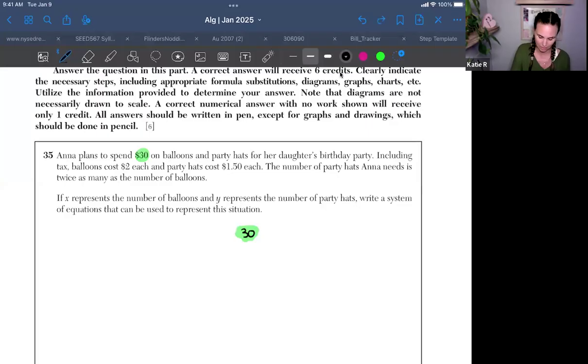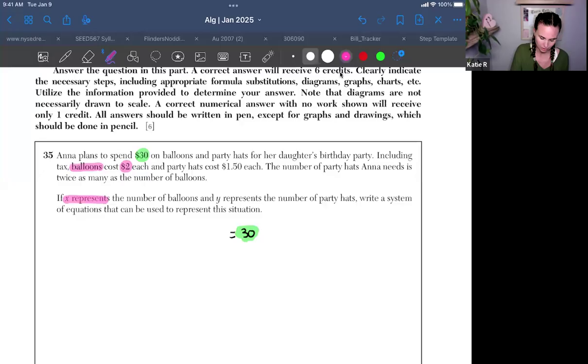I want my lines to be straight. What is the other part of this equation? The total is talking about price. The total amount of money that she's going to spend is exactly $30. It doesn't say at least or at most, so it's exactly $30. That means we're going to be putting the price of everything in that equation.